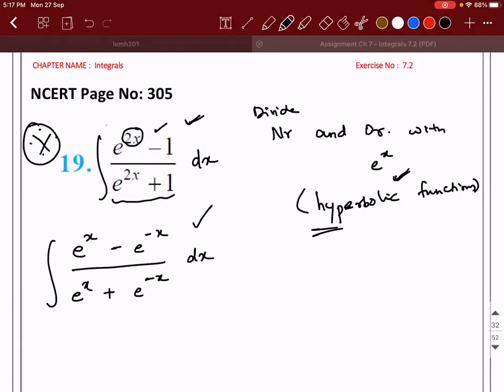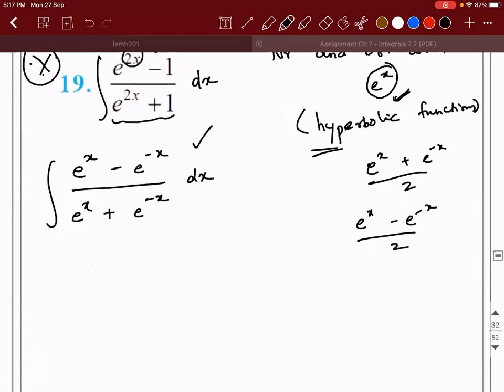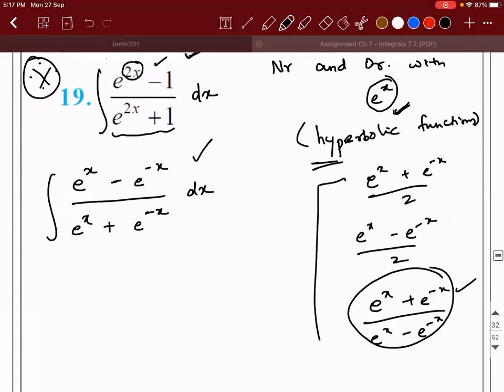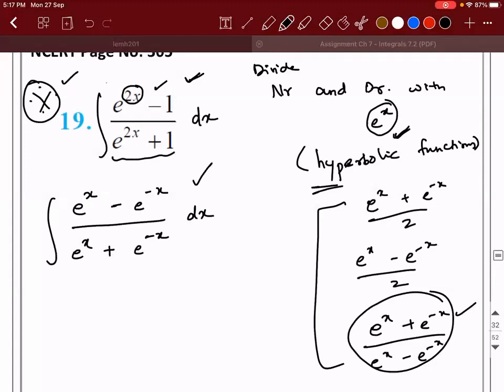They take the help of exponential functions to express trigonometric functions. There is something like this: e power x plus e power minus x by 2, e power x minus e power minus x by 2, e power x plus e power minus x divided by e power x minus e power minus x. So I got the idea from here because I know this. That is why I told you this problem is important.